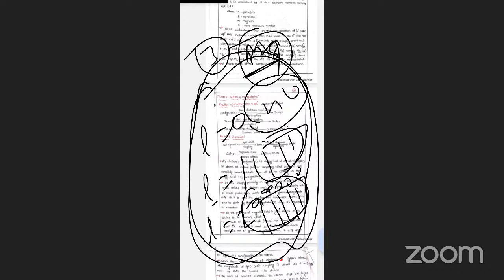It can split into some different orbits, and the electron finding probability is given for that. Okay, like that, it gives complete information.